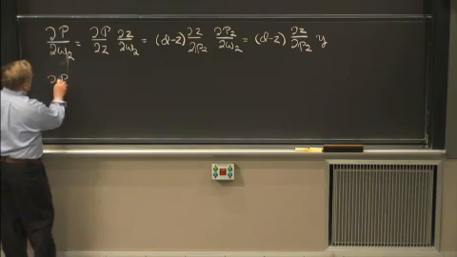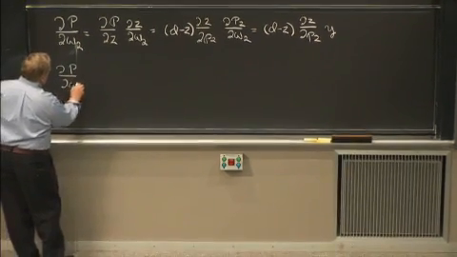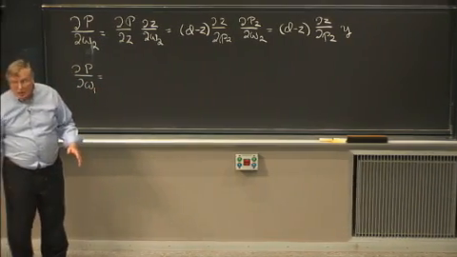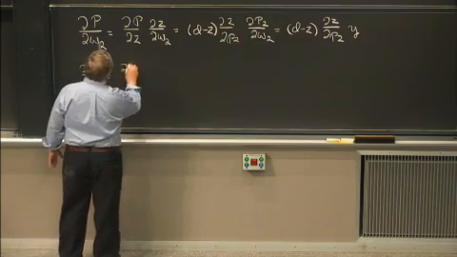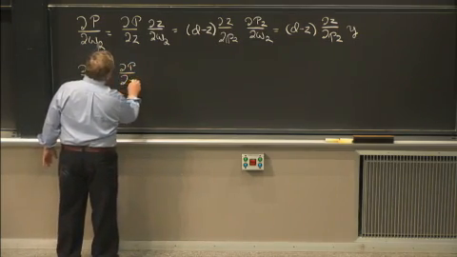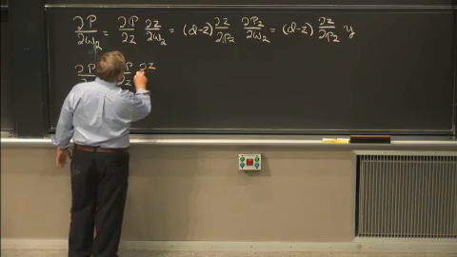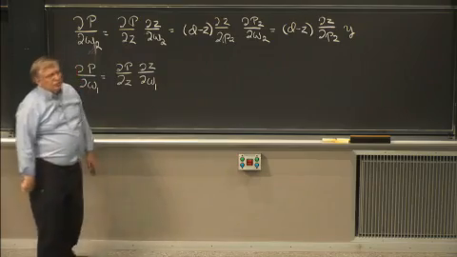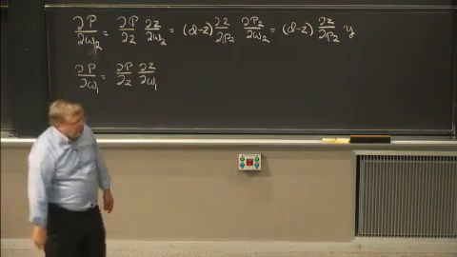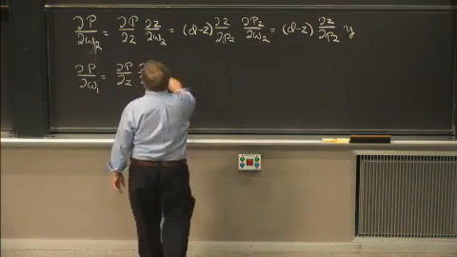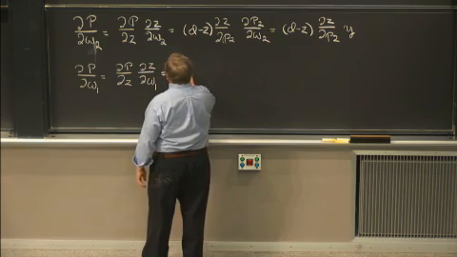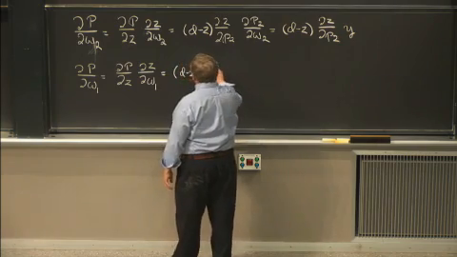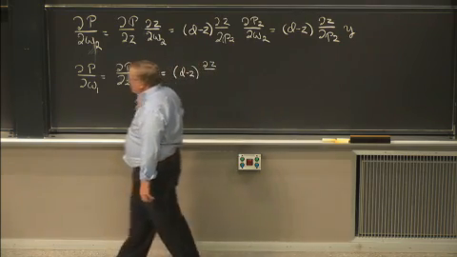The partial of P with respect to W1. Well, we can start off just the same way. That's going to be equal to partial of P with respect to Z, partial of Z with respect to W1, not W2. So that partial of P with respect to Z, we've already done that. That's D minus Z. And now partial of Z with respect to W1.